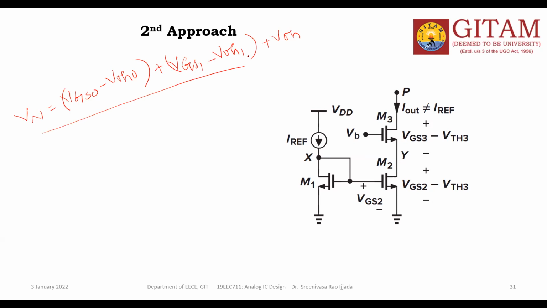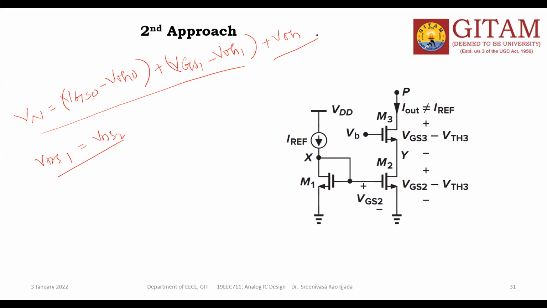So make VDS1 equal to VDS2. In the earlier first approach, VDS2 must be equal to VDS1. That approach we failed because of this VTH value.